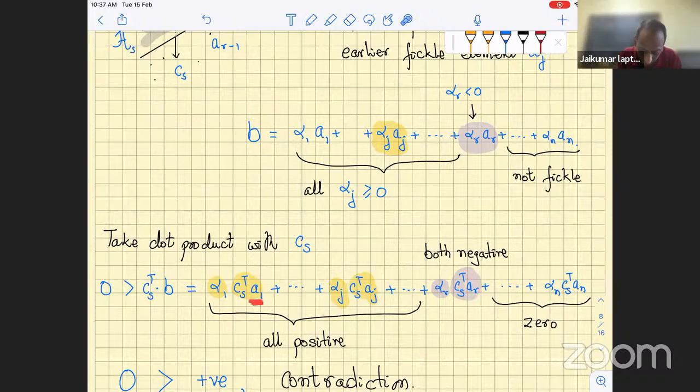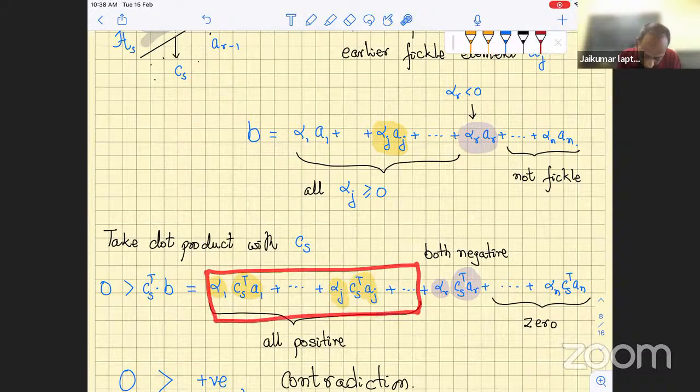The others didn't want to enter. That means the hyperplane C_S was treating them well, giving them a non-negative value. What about these alphas? A_R is the first alpha which is negative. So for them, this is also non-negative. So all these quantities, I say positive, but I meant non-negative. Okay, so all these are non-negative.